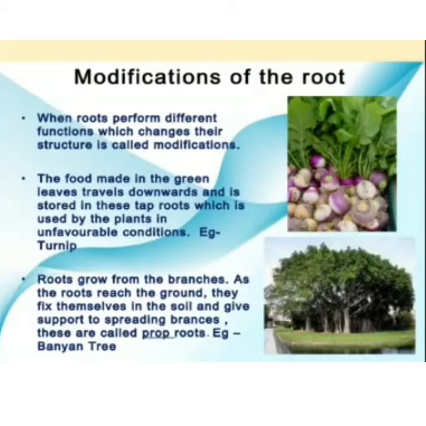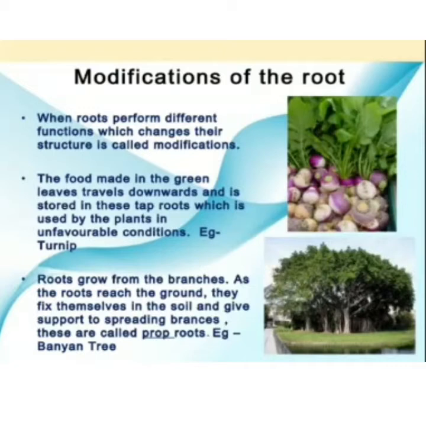As the roots reach the ground, they fix themselves in the soil and give support to the spreading branch. So these types of roots are known as prop roots. Listen students, roots are also modified to give extra support to the plants. We have seen this in a banyan tree. The banyan tree has roots that grow down from its branches.